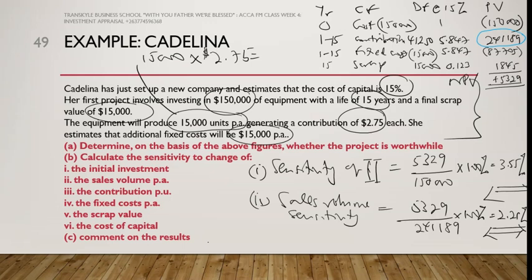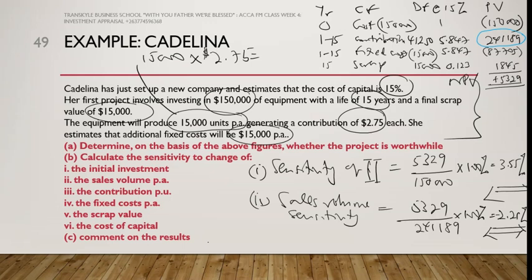An increase in the sales volume is not going to give us a negative NPV, but a decrease will. If there is a fall by 2.21% in the sales volume, then we are going to achieve a negative NPV.